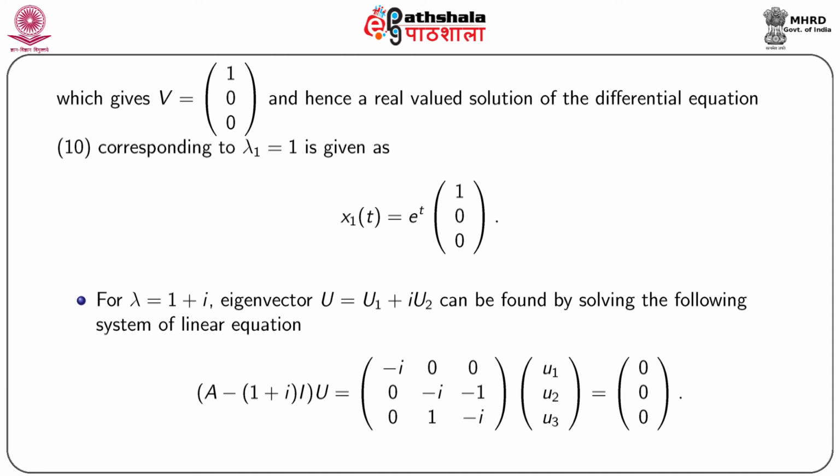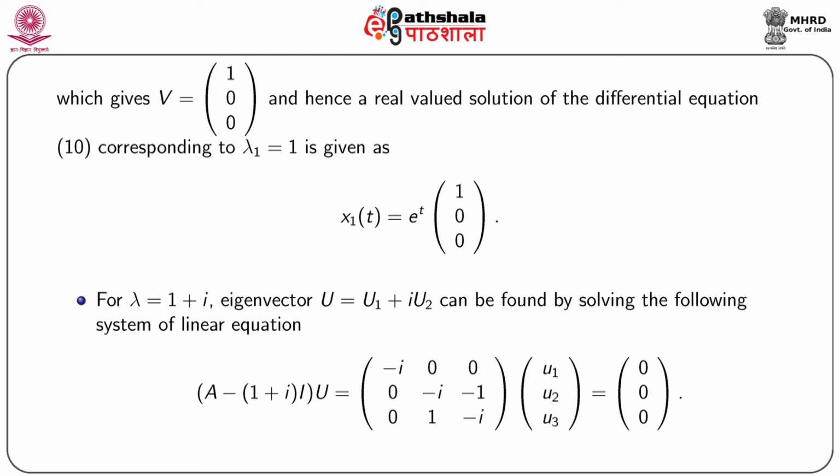If you simplify this by substituting the value of A and I, which is the identity matrix, you will get the matrix equation minus i 0 0, 0 minus i minus 1, and 0 1 minus i into u1 u2 u3 equal to the null matrix, where u1 u2 u3 is the required eigenvector corresponding to the eigenvalue 1 plus i.